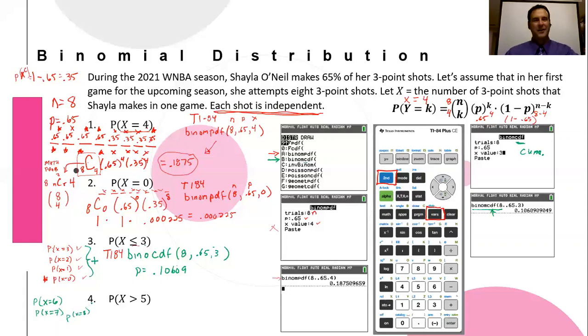So here's what I'm going to do. If I know that there has to be 8 shots, I'm going to write the complement. I don't know if I'm saying the word complement right, but that could be it. It's basically the reverse of this, written in the form of a 1 minus so that I can actually find this value. This is the same as 1 minus. Now, x is greater than 5 is represented by 6, 7, and 8.